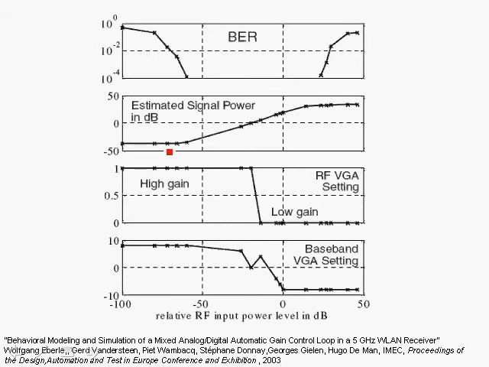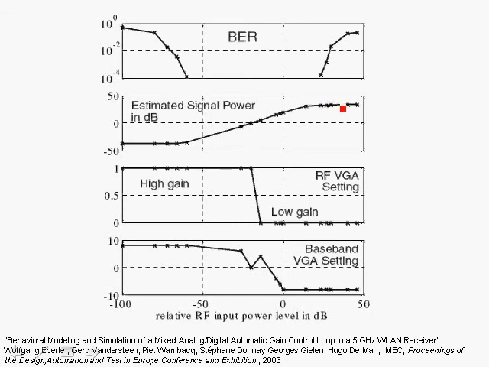This curve shows the estimated signal power in dB, and there's a range where AGC is performing correctly that we can actually estimate the signal power as the signal power increases. We're also tracking the estimated signal power, or RSSI in this case.